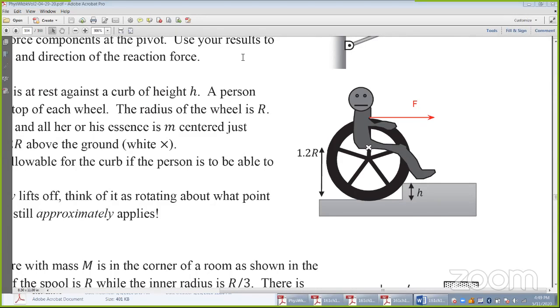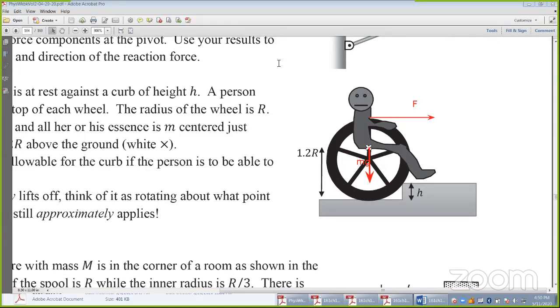Okay, and now there's going to be some weight, and let me get a slightly larger arrow so I can draw that a little better. There's going to be the weight acting at the center of mass, right? That's going to be mg. And then now comes, this thing is going to lift off the curb, right?